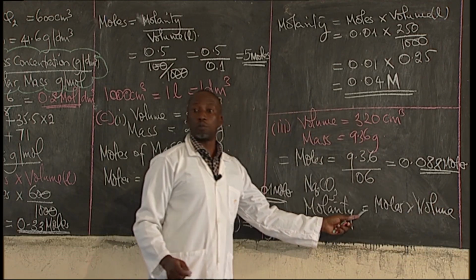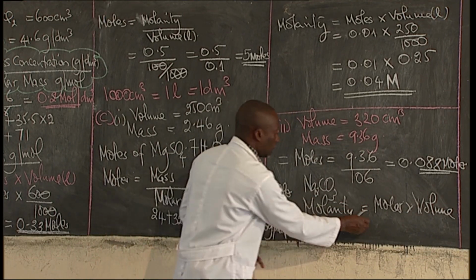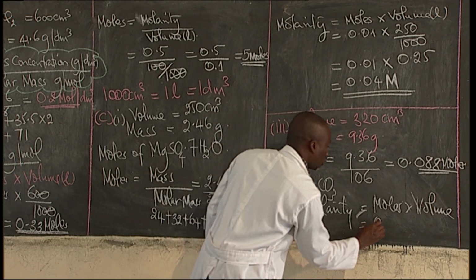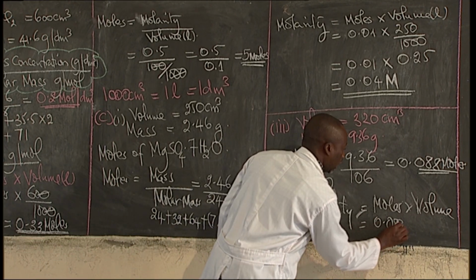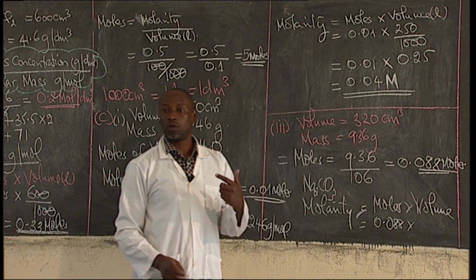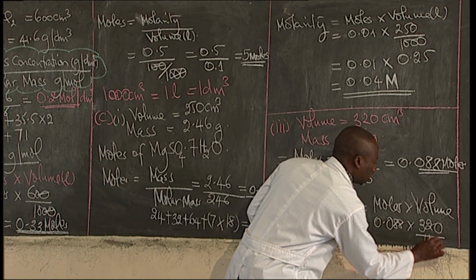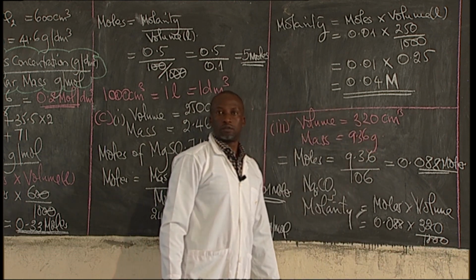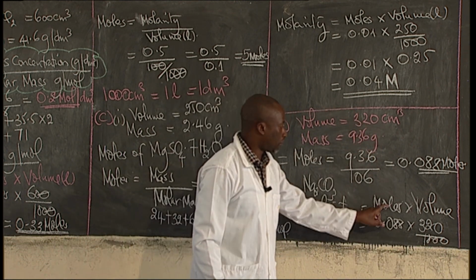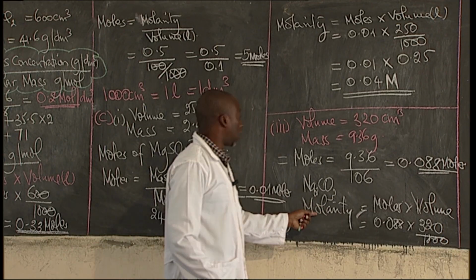You have the volume already, and you have the moles. So the number of moles is 0.088 over the volume, which is 320 divided by 1,000. After that, you will get the molarity.